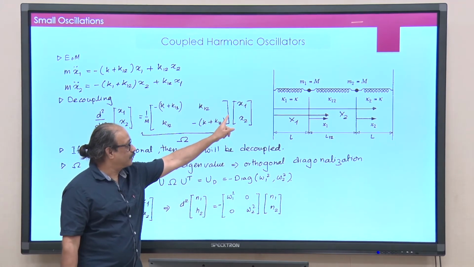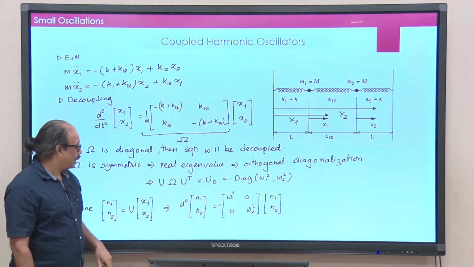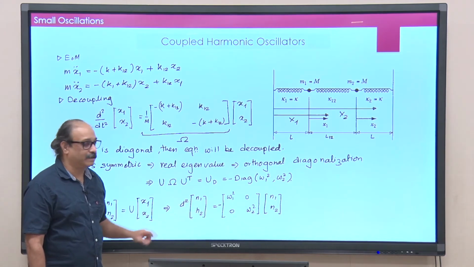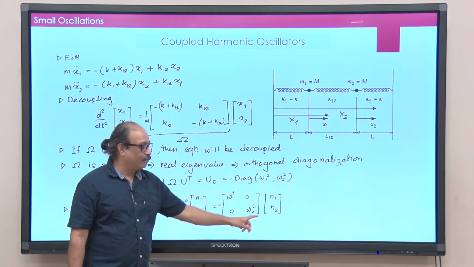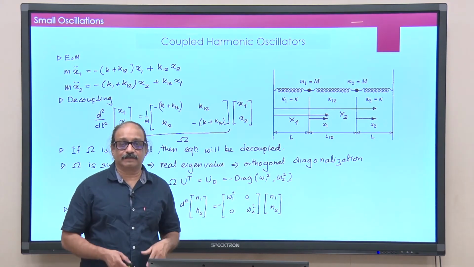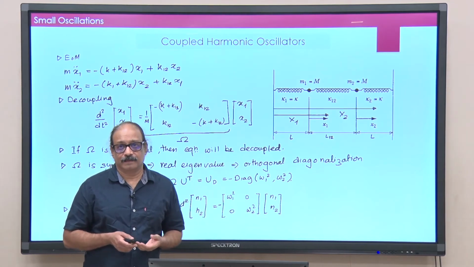So, I can insert that here, and what happens is that the second derivative of eta 1 and eta 2 now, you see the equations in eta 1 and eta 2 decoupled.